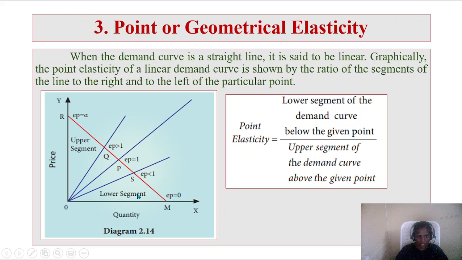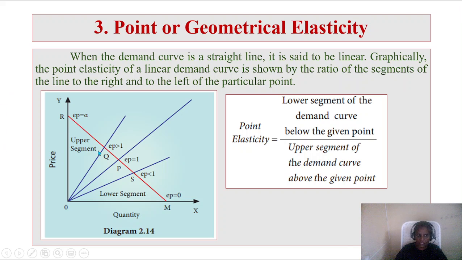This lower segment we call EP equal to 0, and the upper segment of the demand curve above the given point is EP equal to infinity. Two situations also happen: EP equal to 0 and EP equal to infinity.